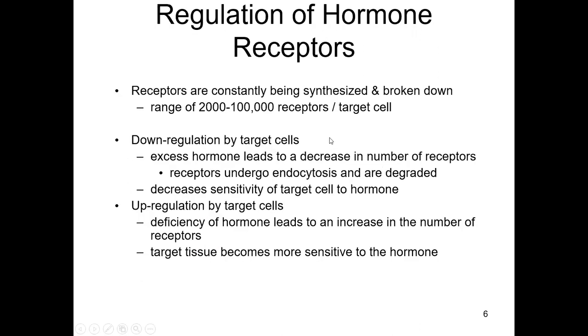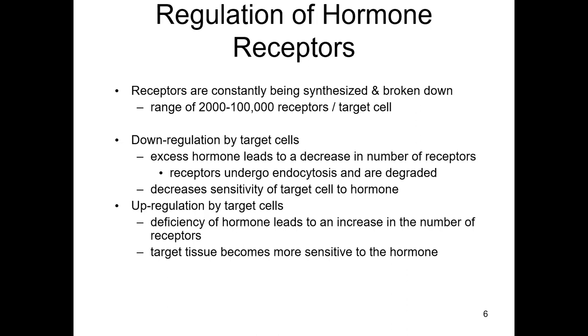We already mentioned this in lab, that the presence of receptors make cells into target cells. The more receptors a cell has, the more sensitive it is to the action of a hormone, the signaling of the hormone.